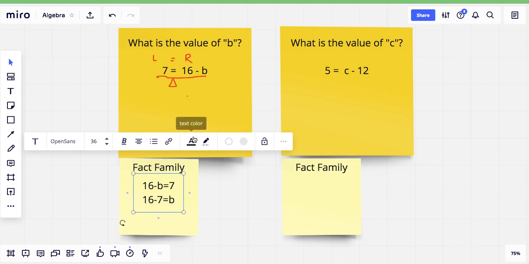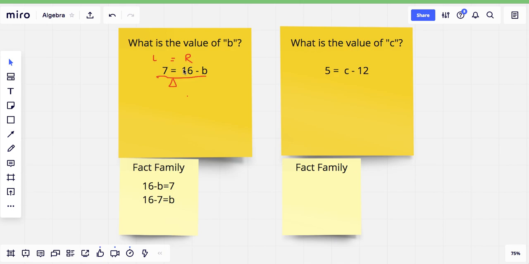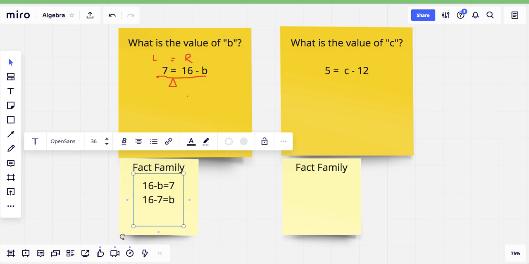All right, because I know that 16, whenever I'm looking at a subtraction problem, the number that comes before the subtraction sign is the largest because we're taking away from that large number. So if I think about my expressions, I know that in subtraction that number is at the beginning, and I know that in addition that number would be at the end.